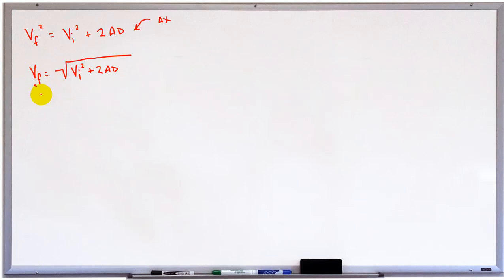So I'm just going to strip off the velocity final. I'm going to say velocity is equal to the square root of, and most of the time you see it written out like this, which is v naught. But I like to say v sub o, or velocity original, which is the same thing as saying velocity initial. But I'm just going to say that velocity is equal to the square root of velocity original squared, this time plus or minus 2 times a times d, because this is more than likely how you've seen this formula written out in your reconstruction materials.